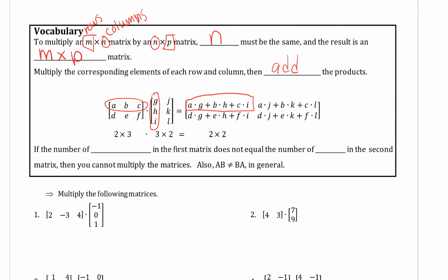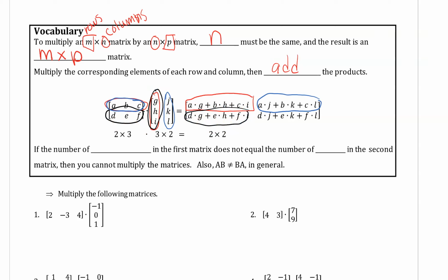Then we multiply the first row by the second column, and that gives us the next element. Then we multiply our entire second row by our entire first column, and that goes here.